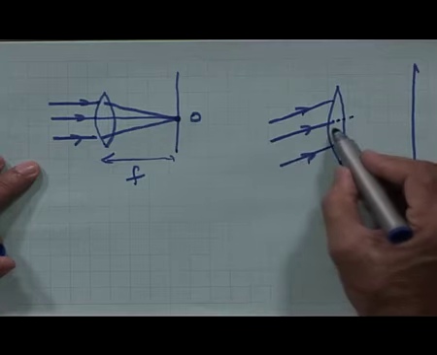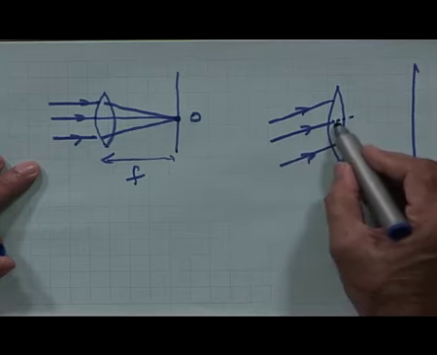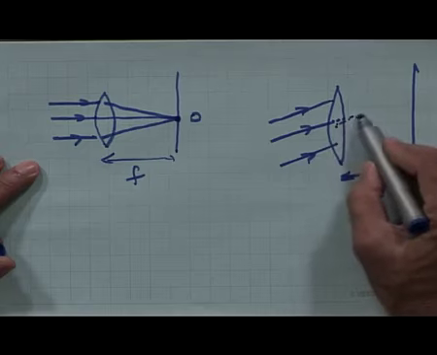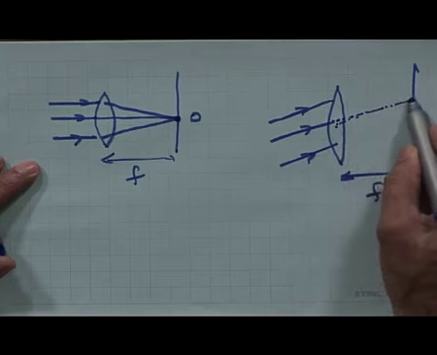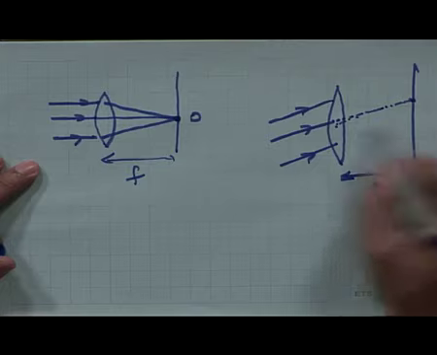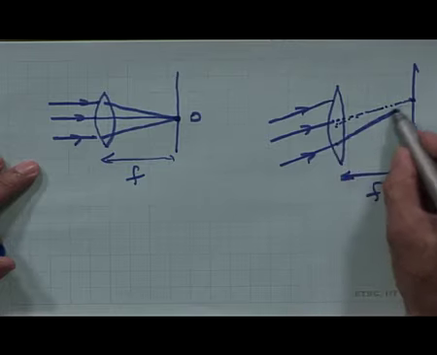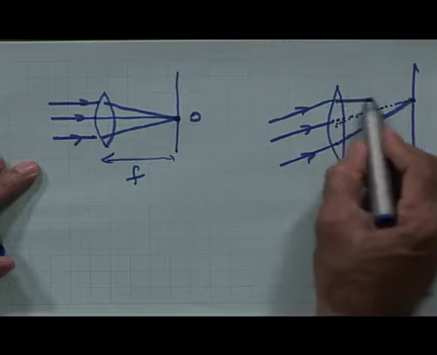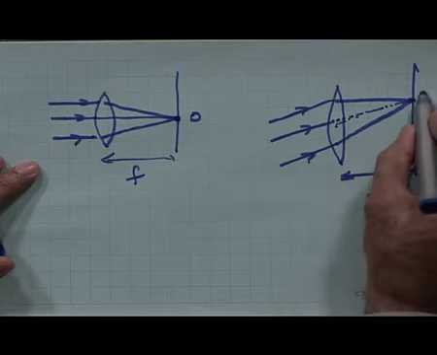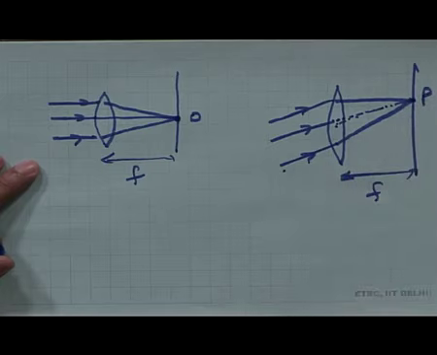The ray which passes through the pole, or the midpoint of the lens, will travel undeviated to a point P, and all other parallel rays focus to that point. So, this is the point P where the rays will focus.